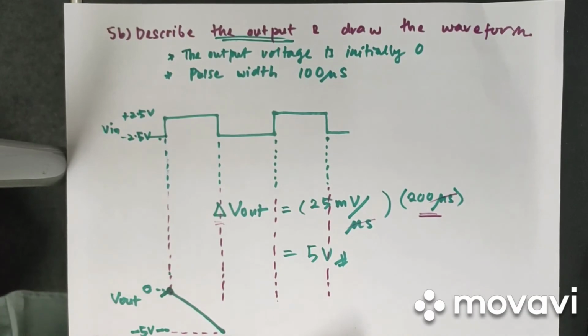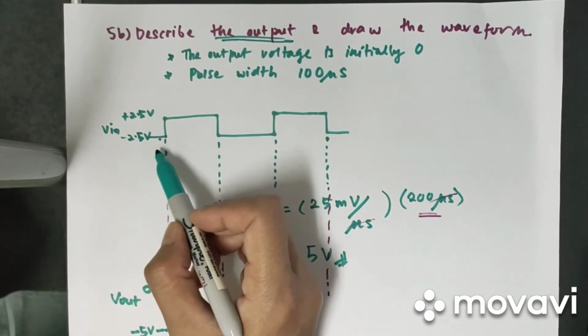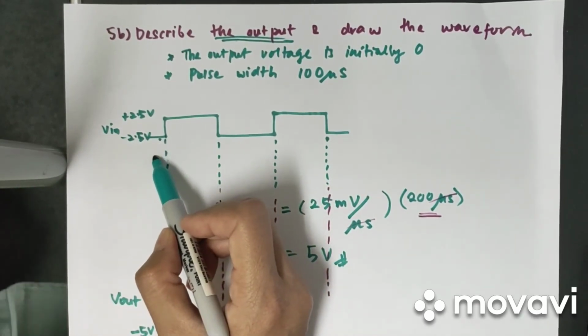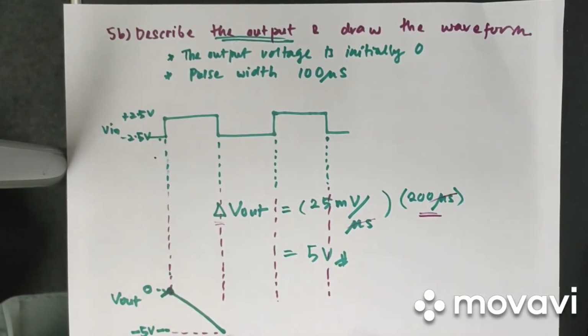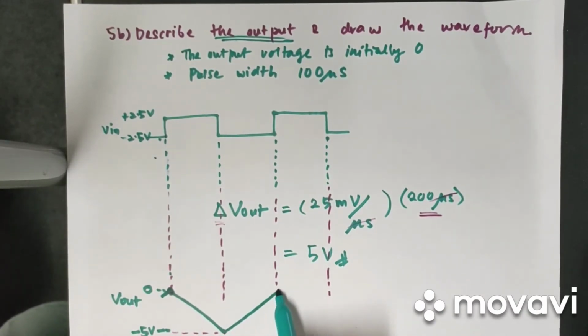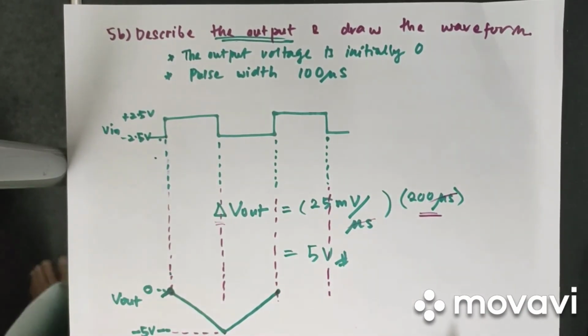Then during the time the input is negative 2.5, the output will ramp up from negative 5 volt to 0 volt. Now it's the shape of a triangular waveform.